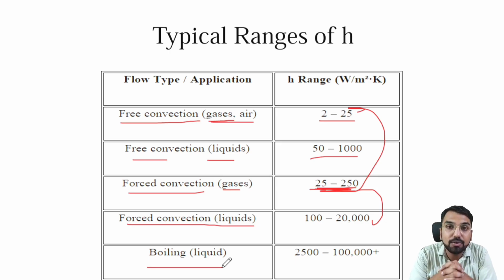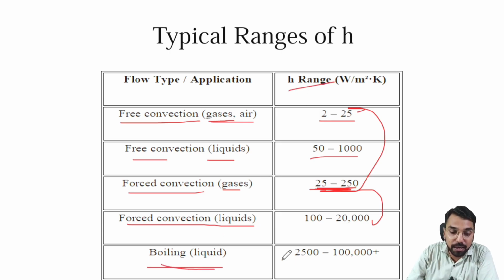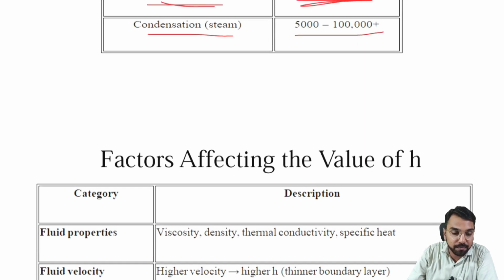So in this course you are not going to deal with boiling, but just to understand how the value of H varies: boiling has the highest value of H, the convective heat transfer coefficient. In condensation of steam also, the H value will be on the higher side.